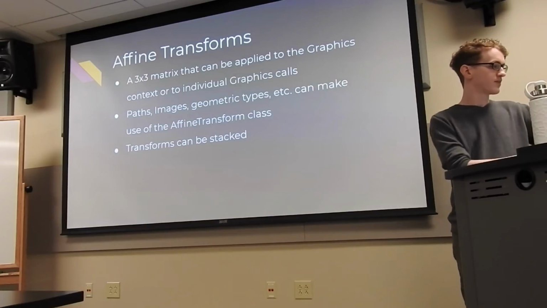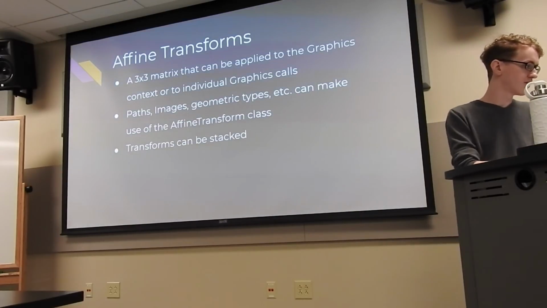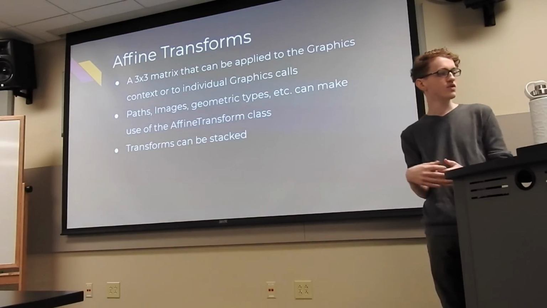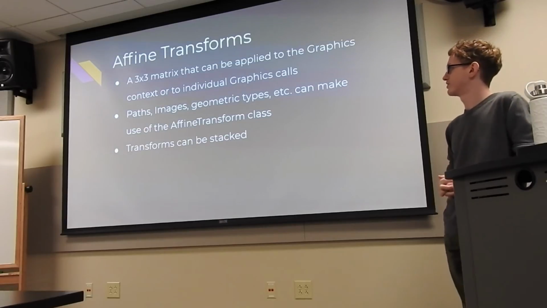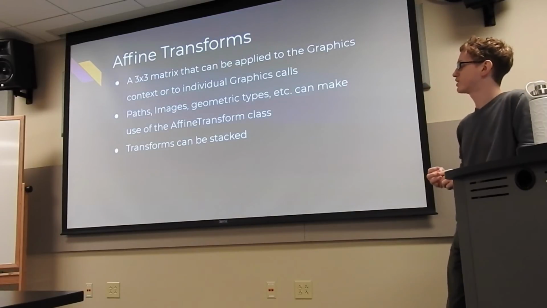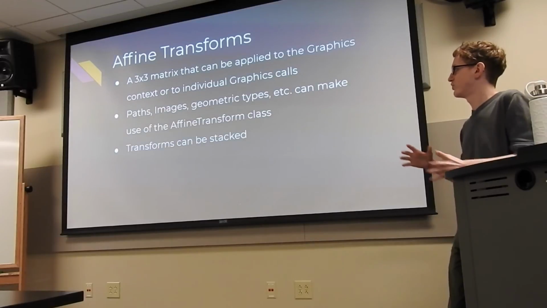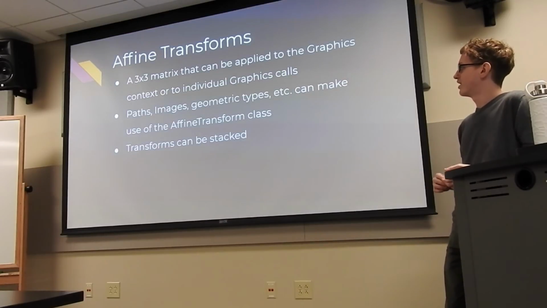So, as I mentioned before, JUCE offers affine transforms. So you can apply matrix transformations to most anything. Not every call will accept them, but a lot of places where you end up drawing things will let you add an additional transform.